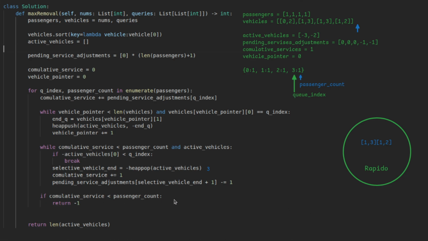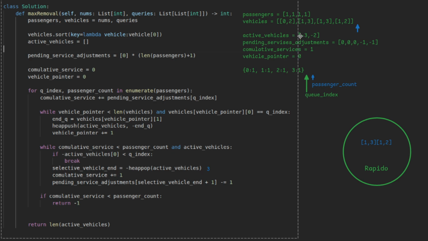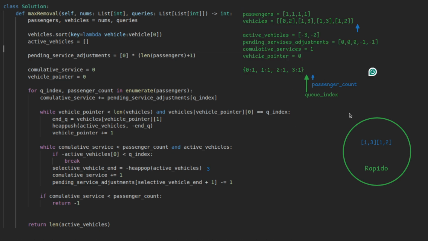Again it will not go into this if condition, and here it is out of bound. So when I go out of bound, I just have to return the length of the active vehicles, that is 2. These two vehicles are not used. This is what I am returning here, the length of the active vehicles.